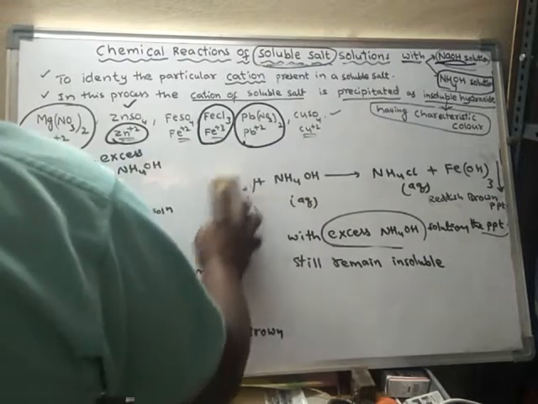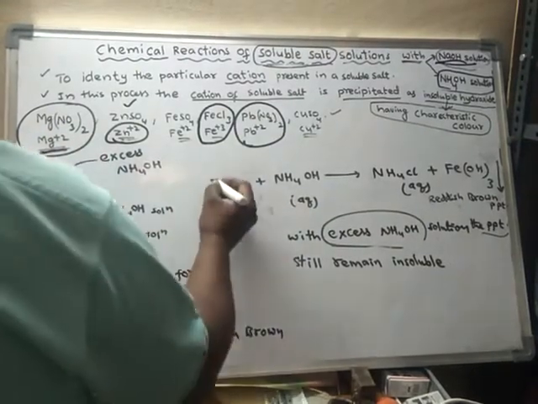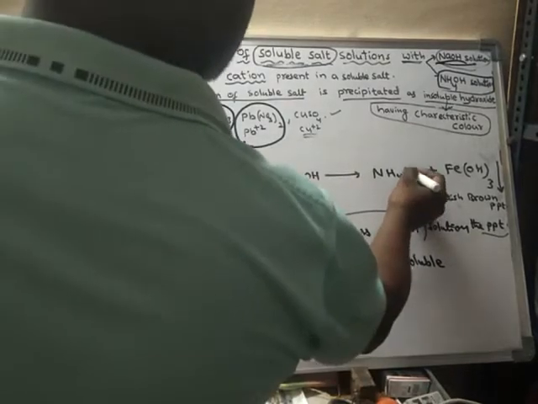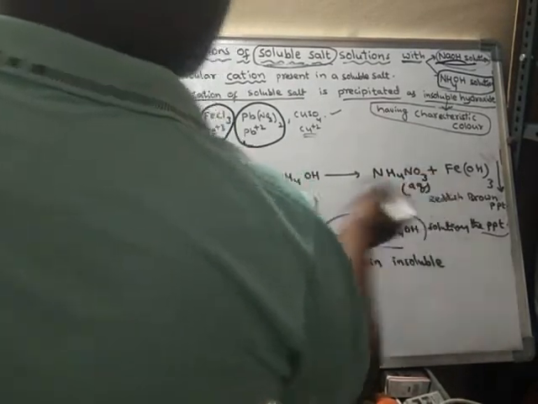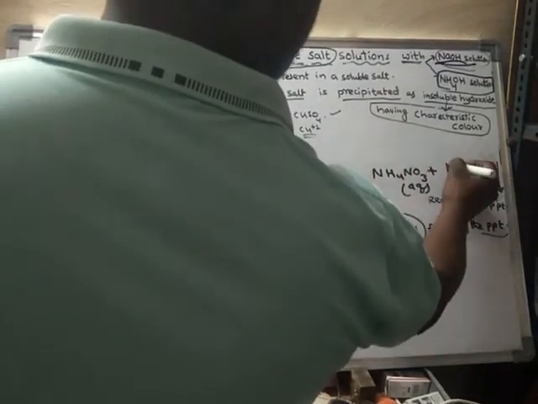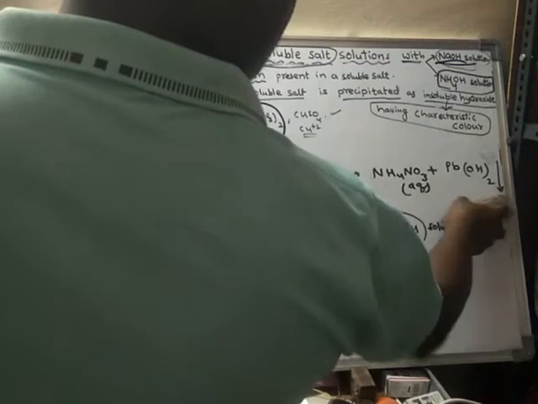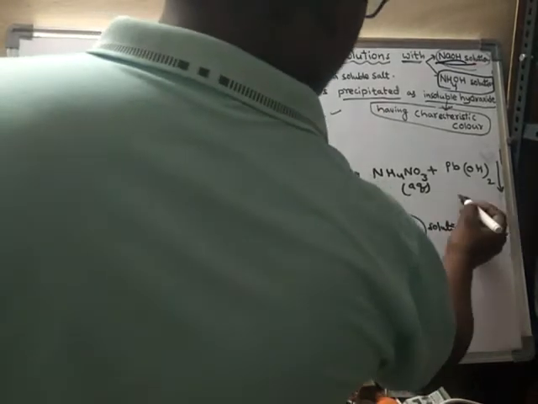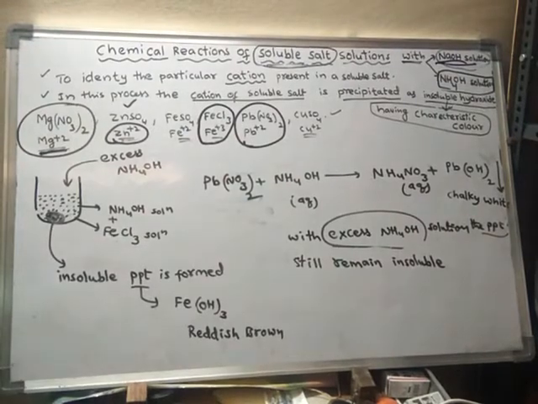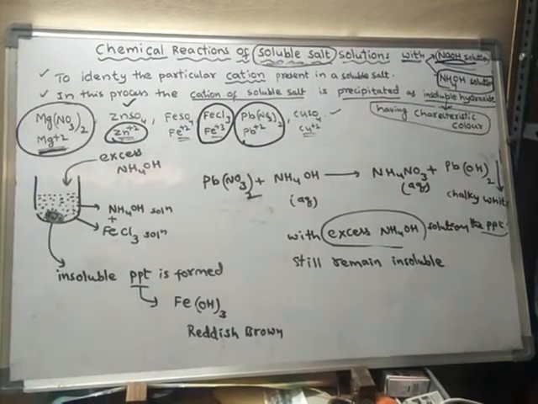Now take this one with lead nitrate solution. It forms ammonium nitrate, a soluble salt, and lead hydroxide. What is the color of lead hydroxide? It's an insoluble hydroxide, a chalky white precipitate. Already we have seen, it's a chalky white precipitate.